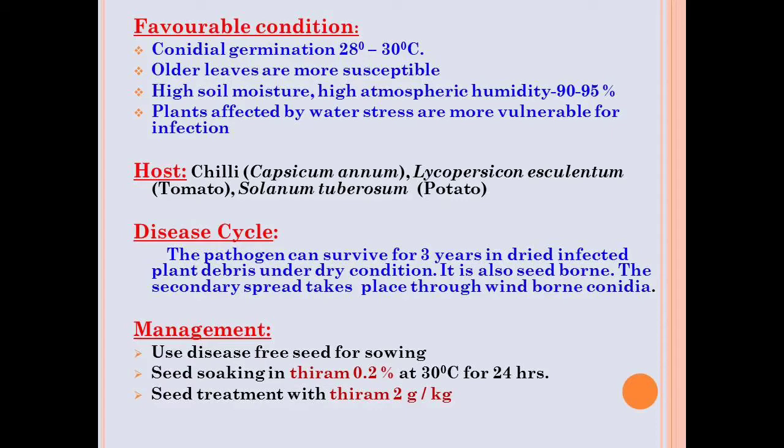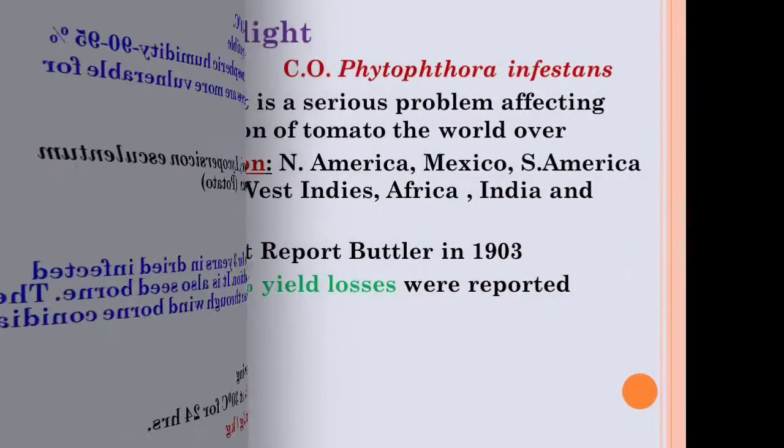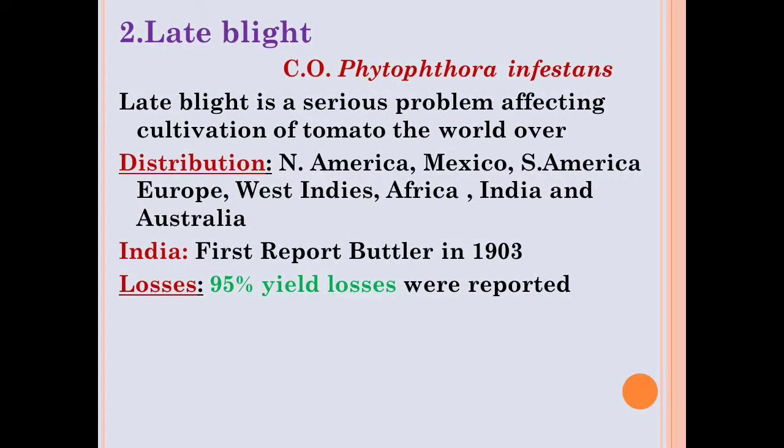The next most important disease is late blight of tomato. It is a very devastating pathogen, and a major epidemic occurred in history, that is, late blight of potato caused by Phytophthora infestans.